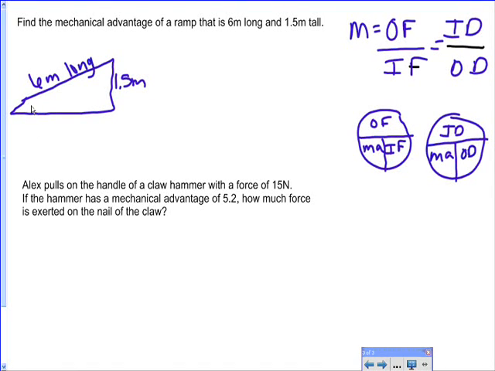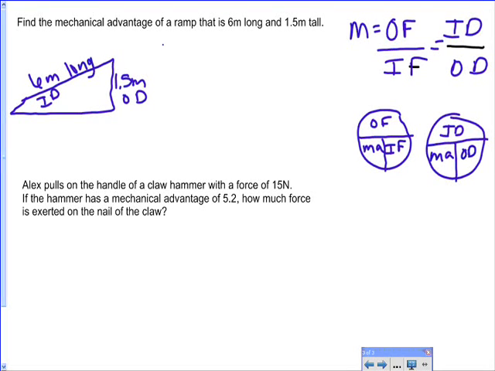Now, this 6 meters is the input distance because that's the distance I have to walk if I'm carrying something up the ramp. This 1.5 meters is the output distance because that's the distance that the ramp actually did for me.